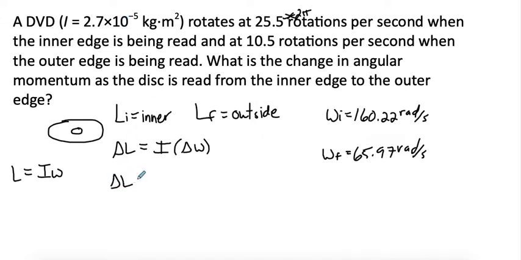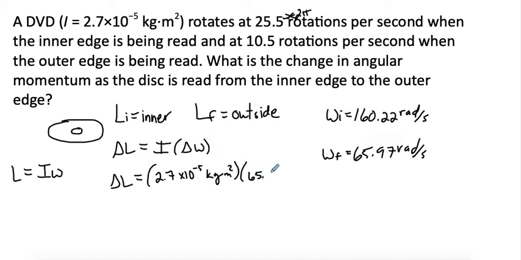So change in angular momentum is going to be equal to 2.7 times 10 to the negative fifth, and we're working in scientific notation here. That's a fairly small number. If you put that in your calculator exactly as it is there, then you should be okay. And then it's going to be final minus initial, because that is what delta omega is.